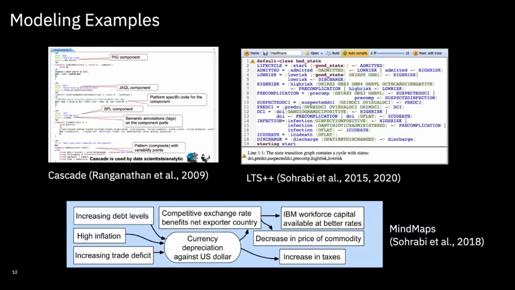I would like to point out that there are many examples of modeling tools that have been developed, and here I'm just showing some of these examples that were developed at IBM, but there are many others. These tools are developed because oftentimes when you interact with a domain expert, they will not be familiar with PDDL, but they would like to be able to express the knowledge, and you want to be able to obtain the domain knowledge somehow.